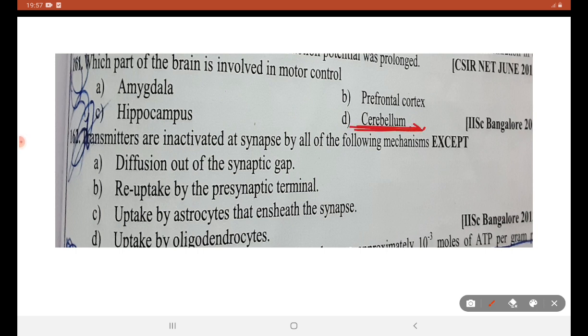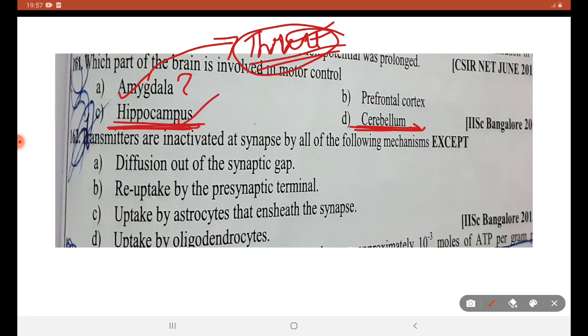So what does the amygdala do? It responds to threat stimulus. When a lion comes in front of you, threat stimulus gets generated, the amygdala gets activated. Then what does the hippocampus do? The hippocampus helps in learning and memory.